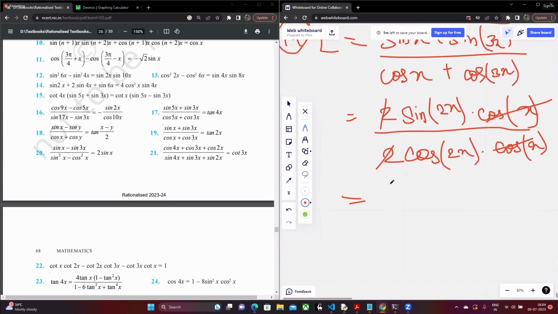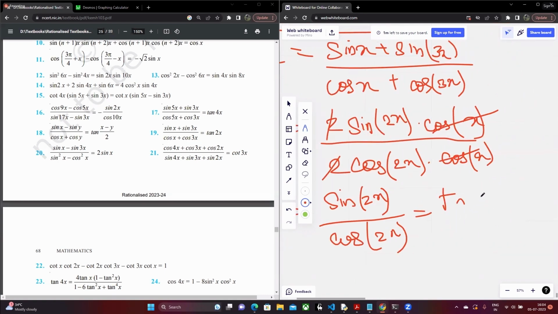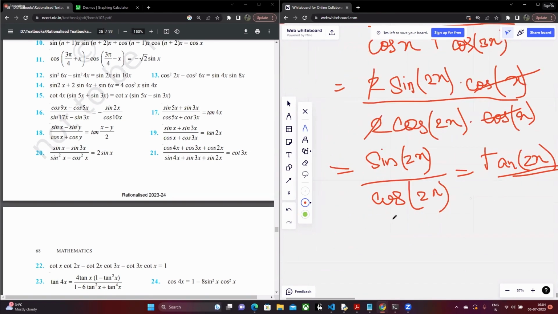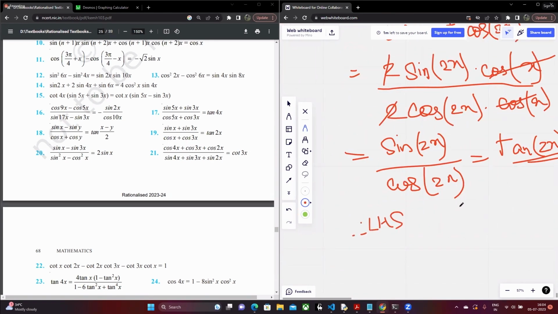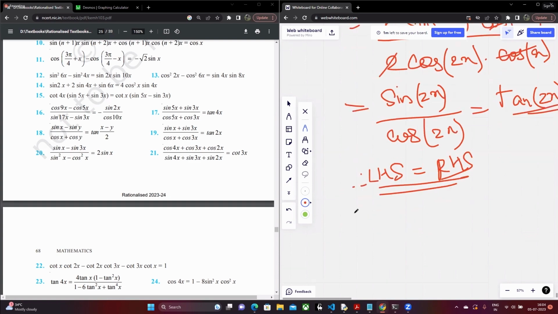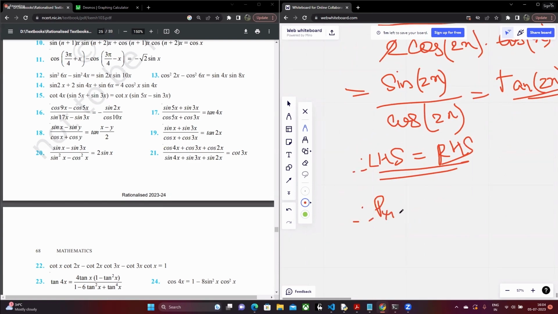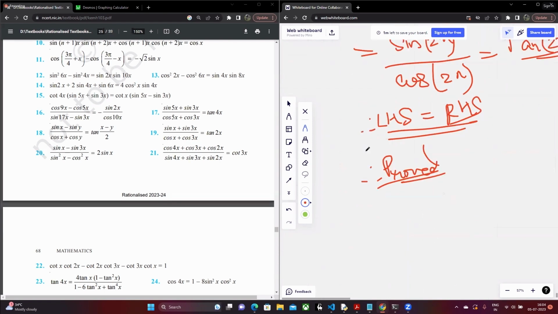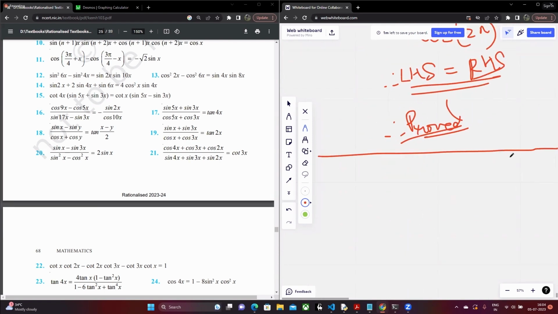You are left with sine 2x divided by cos of 2x, which is equal to tan of 2x, which is equal to the right hand side. Therefore, LHS is equal to RHS. All right, that's 19 done.